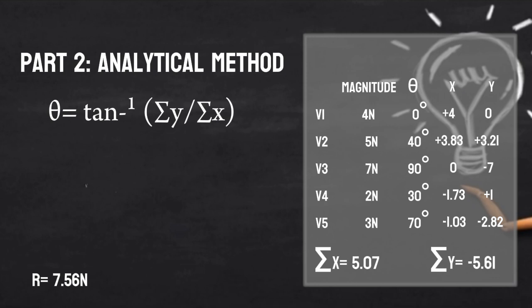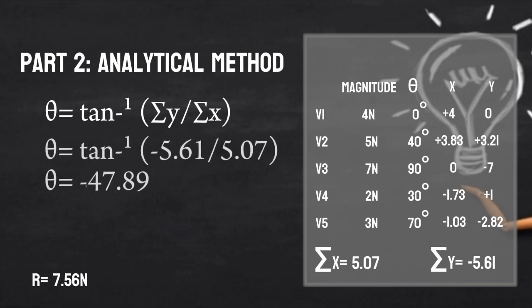Angle theta is equal to inverse tangent of summation of y over summation of x. Then solve. While using this formula, you can get angle theta is equal to negative 47.89.